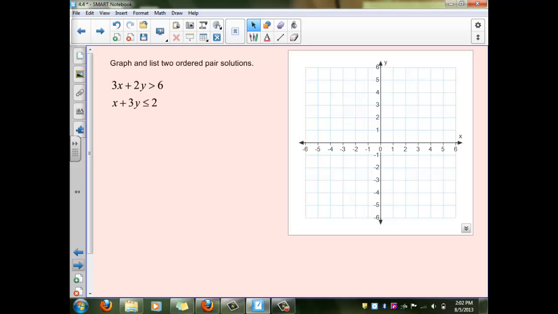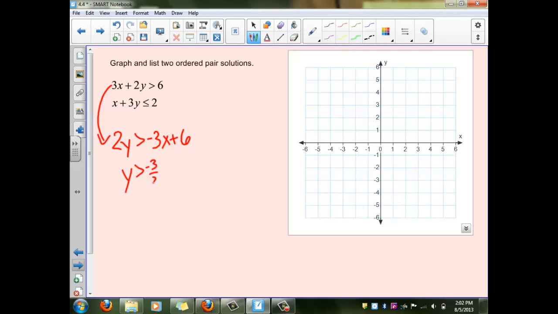Same idea here, but now we've got to get each of them solved for y. So let's start with this one. When we graph it, we start at 3, and down 3 over 2.